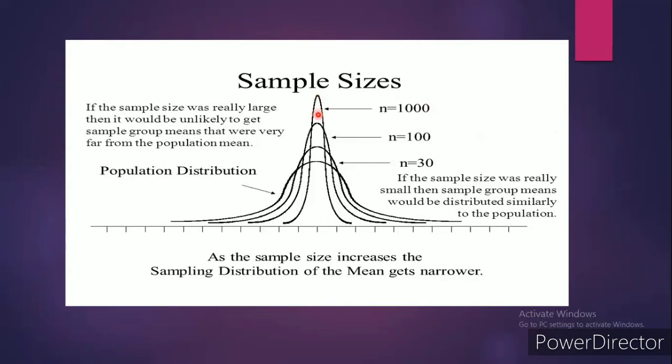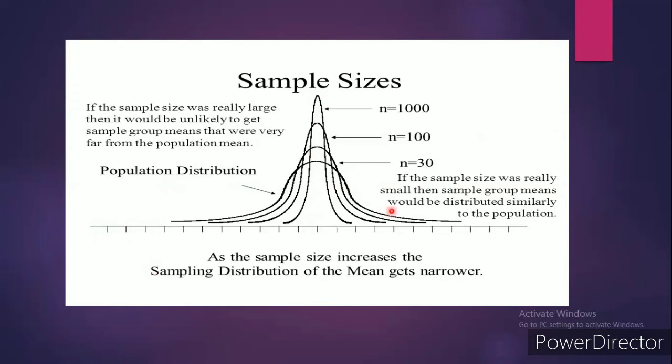See, if the sample size was really large, then it would be unlikely to get a sample group mean that varies far from the population mean.